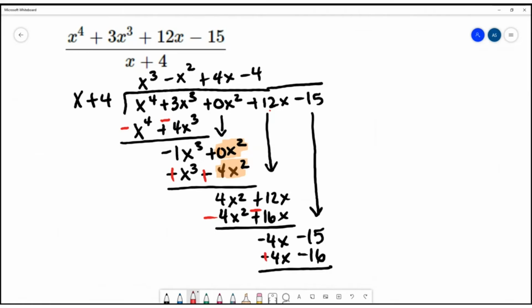Change the signs for your subtraction. Negative 4x plus 4x is 0. Negative 15 plus 16 is 1. And we have now our quotient and our remainder. So the quotient is x cubed minus x squared plus 4x minus 4, and the remainder is 1.